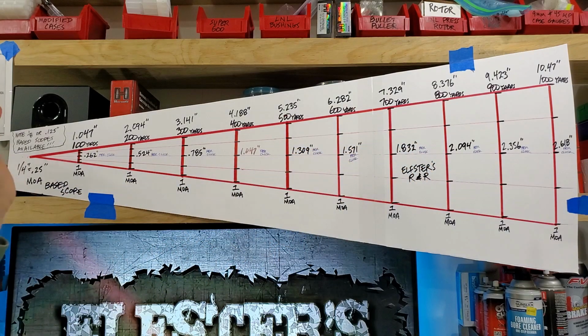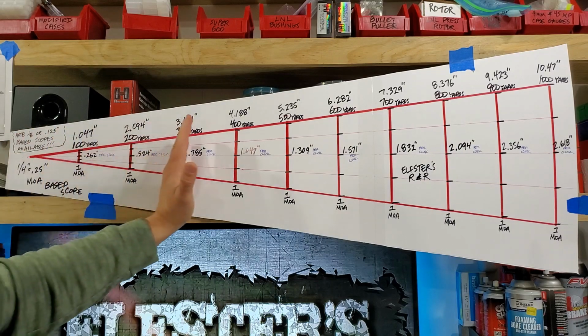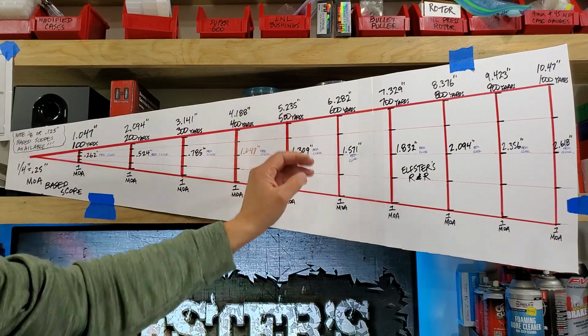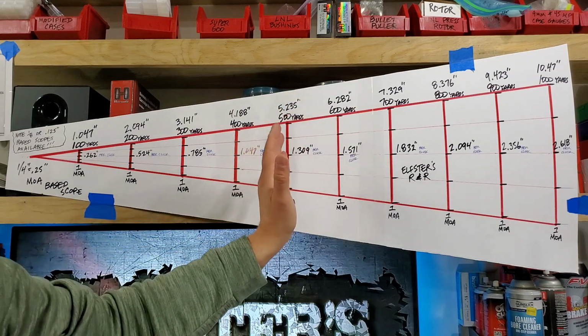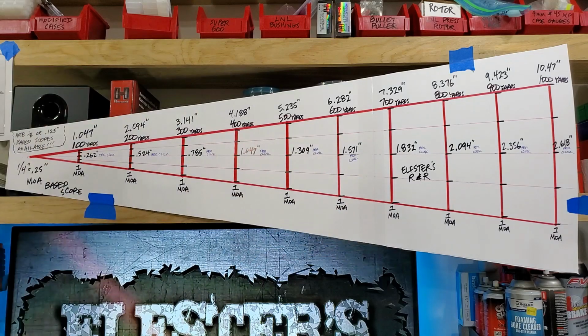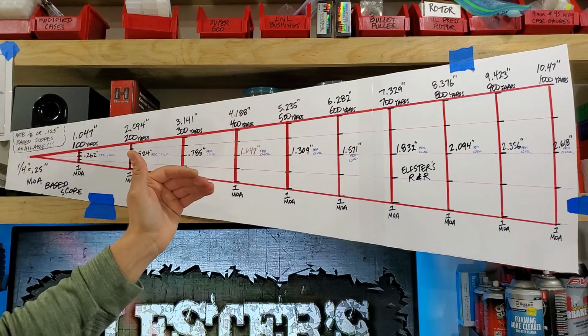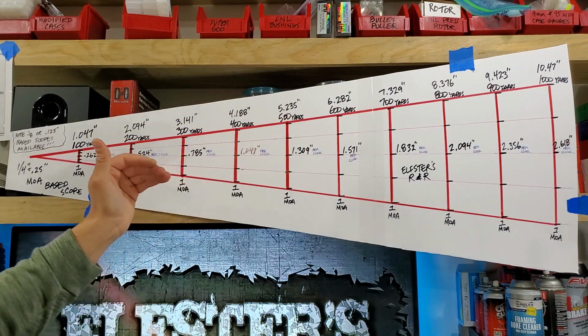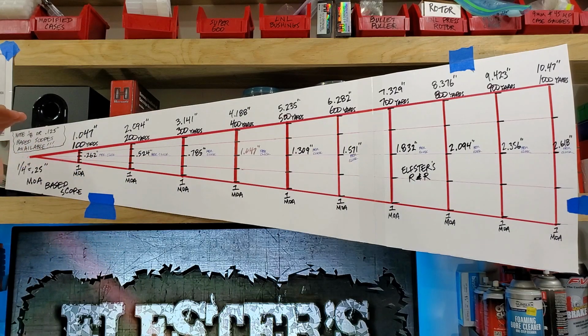But if you do use that shooter's minute of angle, you might be fine up to about 400 or 500 yards, but you're going to start running into some errors at further distances, especially at 1,000 yards and beyond. So if I were you, I'd try to get out of that habit of using shooter's minutes of angle and use the actual representation of what 1 minute of angle is at 100 yards.